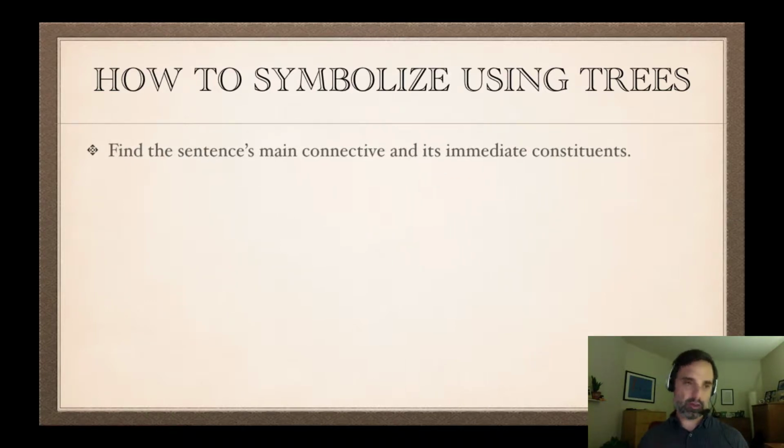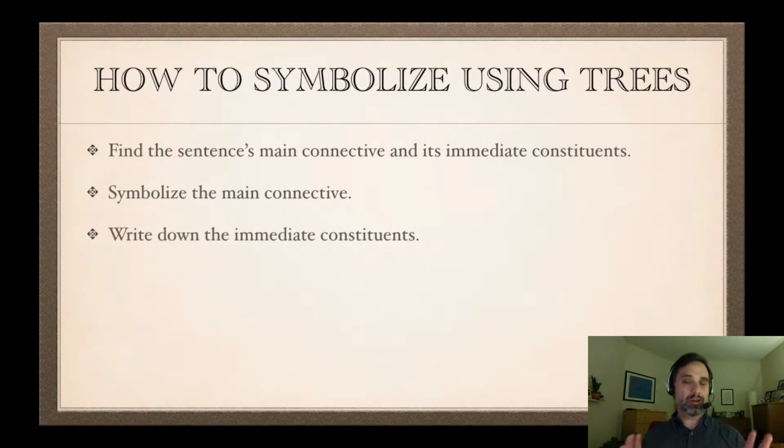Well, we start with the sentence we're going to symbolize, and we find its main connective and the immediate constituents, just the parts that sentence was built up out of by adding the main connective. We symbolize the main connective, and then we take the remaining constituents, the things that were added to the main connective, and we put those in text boxes in the tree.